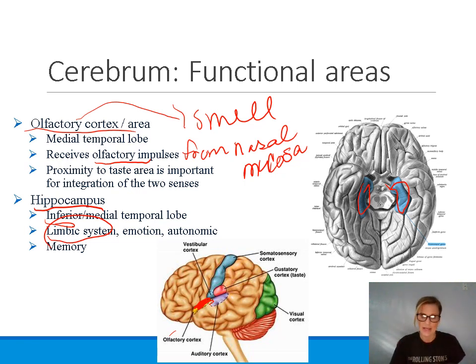The hippocampus, again, is an important part of the limbic system, and the limbic system is what we refer to as the emotional brain. It's highly important in our emotions as well as in memory. The limbic system also has some autonomic functions in that it controls the actual physical response that we have in the body in response to emotion.